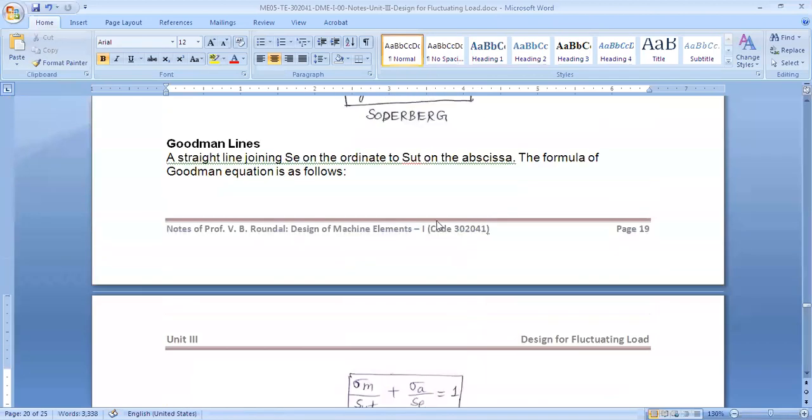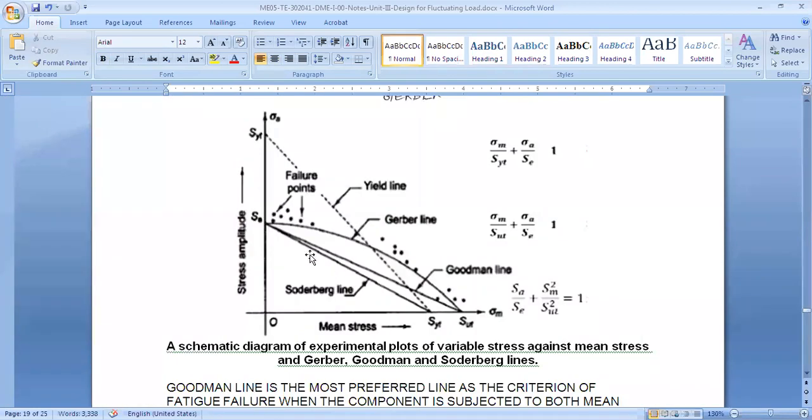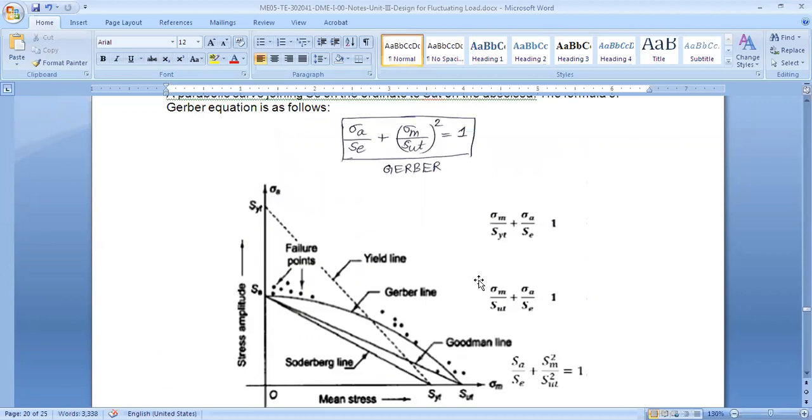So the Soderberg line is sigma m upon SYT plus sigma a upon SE equal to 1. This is the equation of the Soderberg line. You don't even need to remember it. Just keep in mind the equation of a straight line intersecting the axes: x upon a plus y upon b is equal to 1.